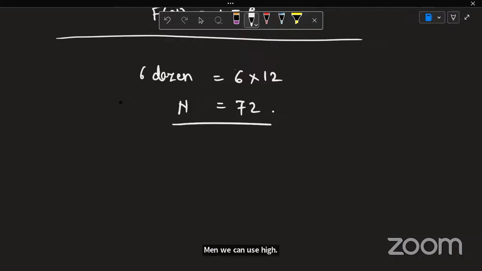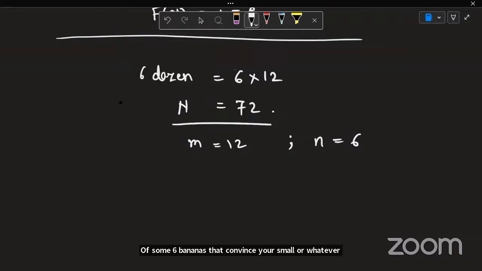Yes, exactly. Because they have clearly mentioned that out of this, 12 bananas are rotten, and you are taking a sample of 6 bananas. That means your small n, the sample size, is 6. And we want to calculate, if you take the sample size of 6, how many rotten bananas you will get, right? What is the expected number of rotten bananas?